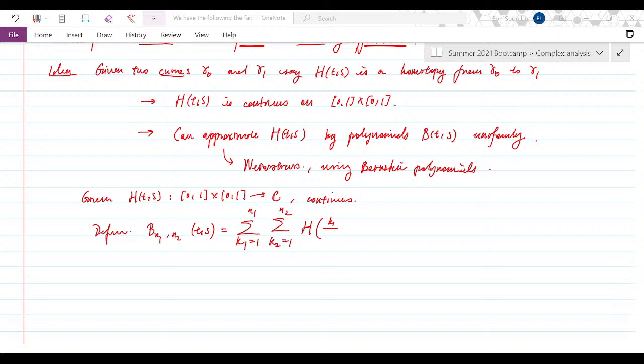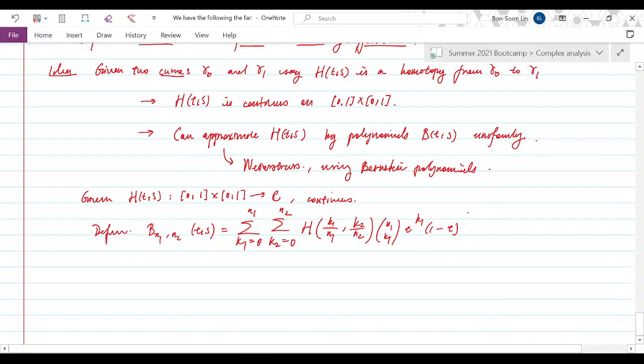Yeah, we should start from 0 because we're sampling the points on a grid. And then multiplying by some polynomials: n1 choose k1, t to the k1, (1 minus t) to the n1 minus k1, s to the k2, (1 minus s) to the n2 minus k2.